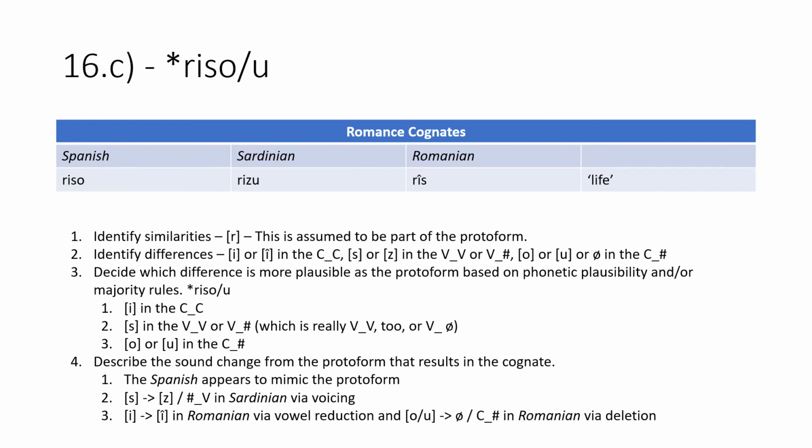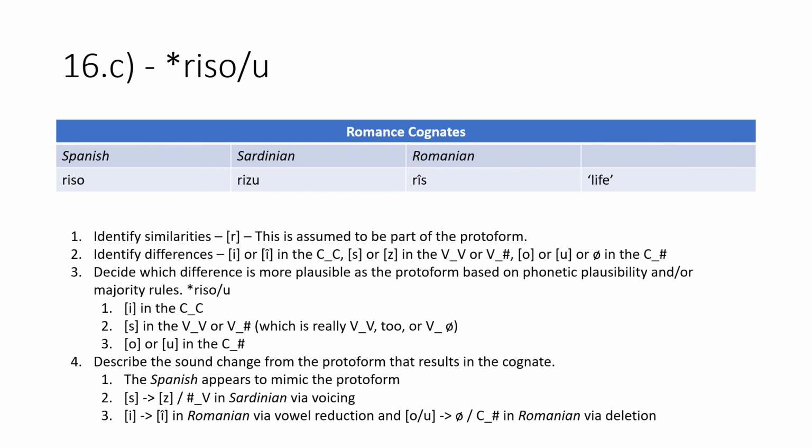And then the O or the U, we don't have enough information with our 3 cognates to decide whether the O or the U would be prototypical, would be above our protoform in the final vowel position. So in this case, we would say either or is acceptable. So risu, either one is potentially a protoform, okay?